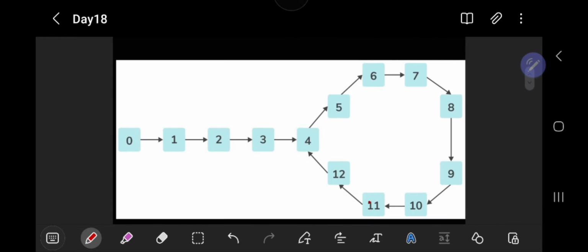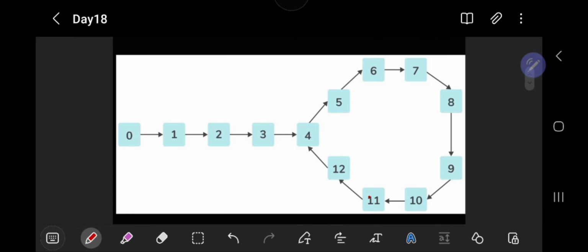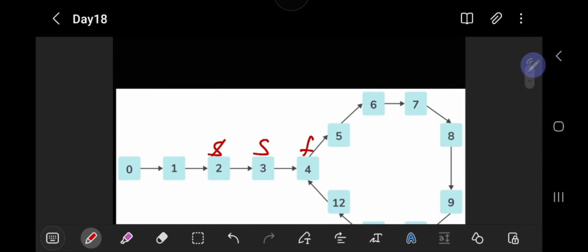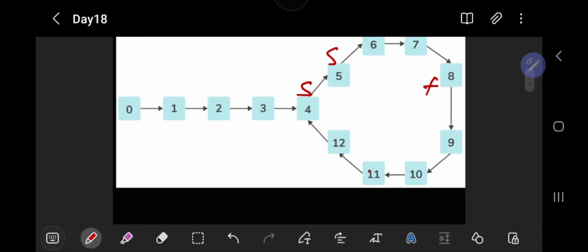Now let's move to another bigger case. Slow will be over here, fast will be over here. Move slow one step further, fast will move two steps further. Slow will come to 5, fast will come to 10.